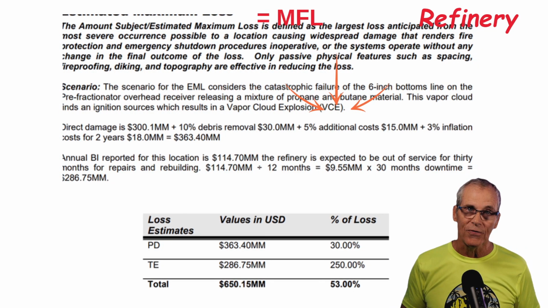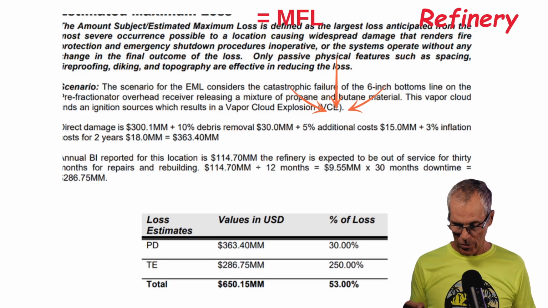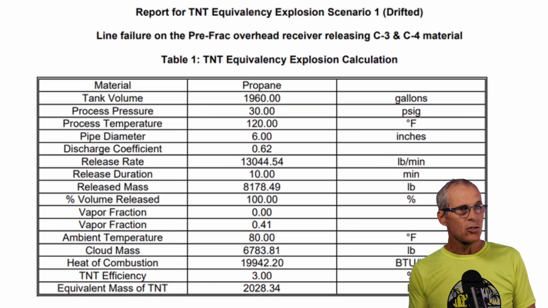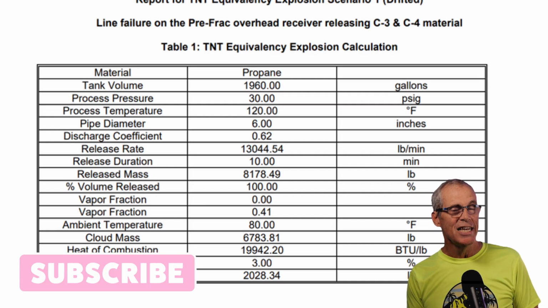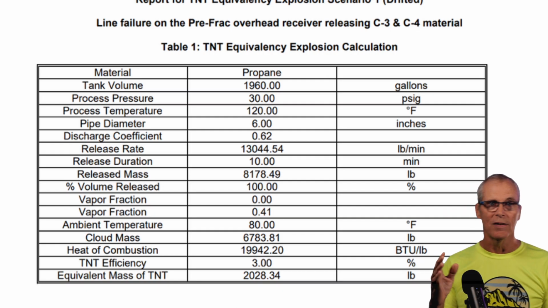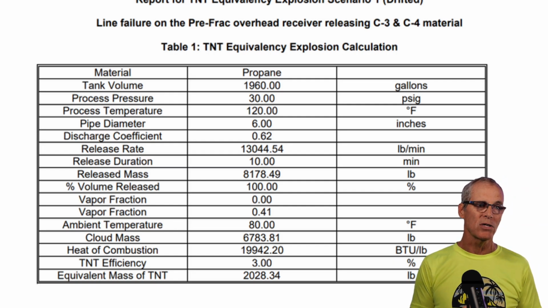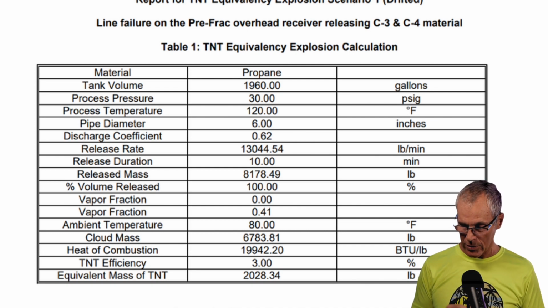Now looking at a refinery, and the MFL here is going to be a vapor cloud explosion. The arrows are trying to call out that it's an explosion that we're going to model here. The neat thing about this is that it takes in a lot more data, right? It's not just what's the value of the facility, it's how much propane. 8,000 pounds of propane are released in this model.